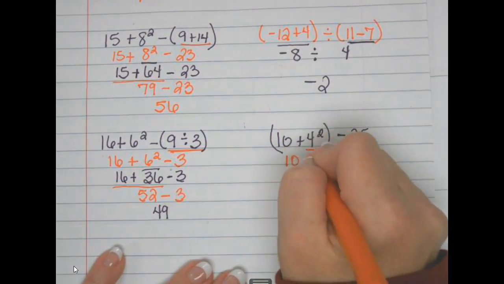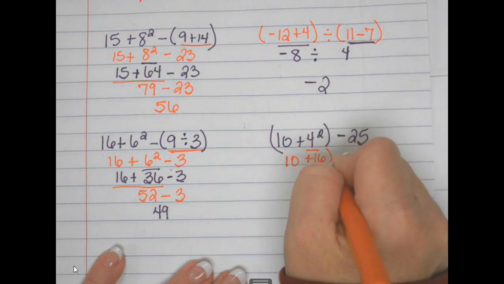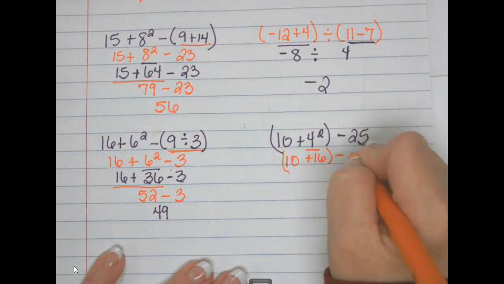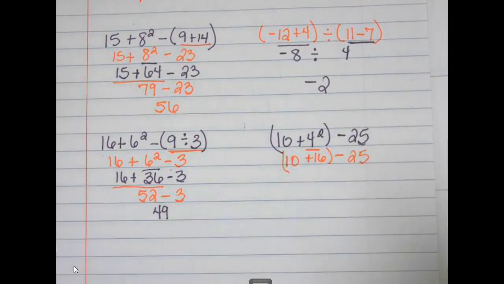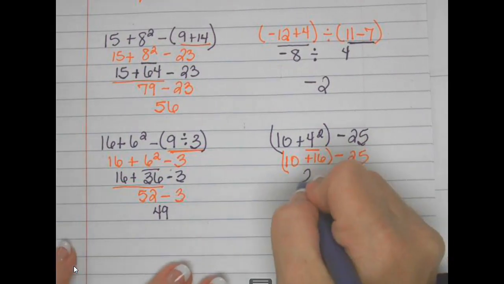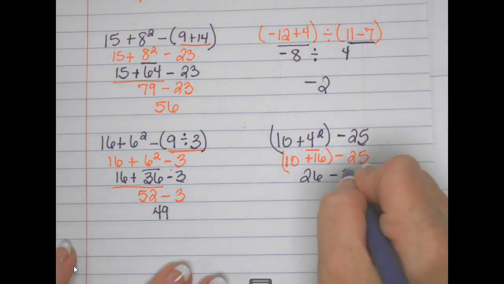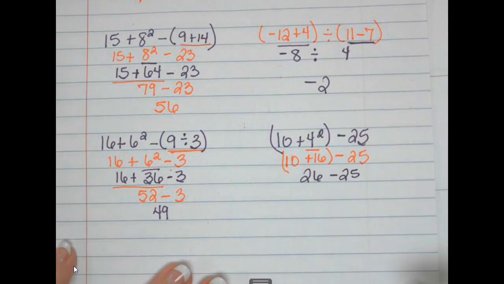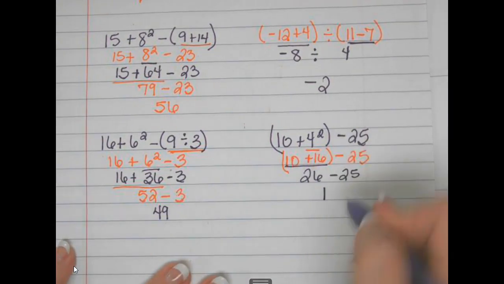So this is 10 plus 16 minus 25. You do not get rid of the parentheses until you solve everything inside those parentheses. So now 26 minus 25, because I solved this inside the parentheses, and this is 1.